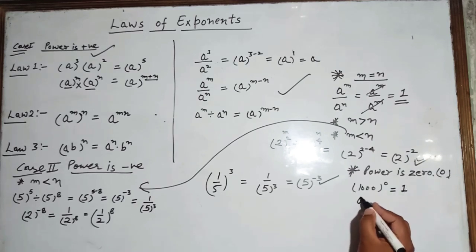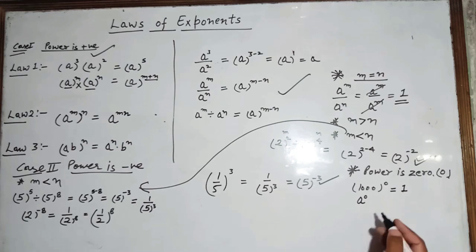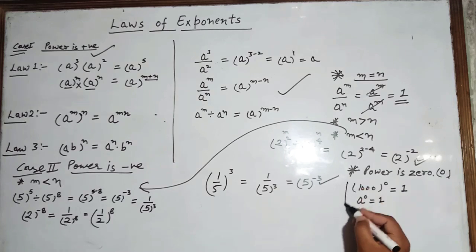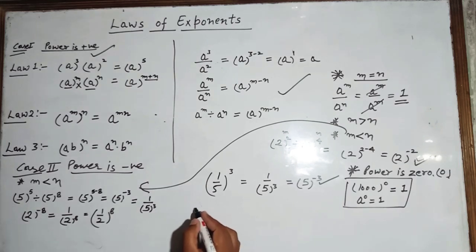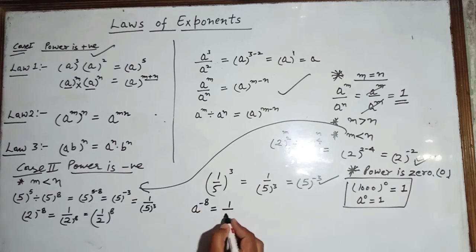If I write a to the power 0, then what will its value be? Its value will always be 1. So remember, if a number has 0 power, it will always be equal to 1. Or if a number has a negative power, like a to the power minus 8, it means it will be equal to 1 upon a to the power 8.